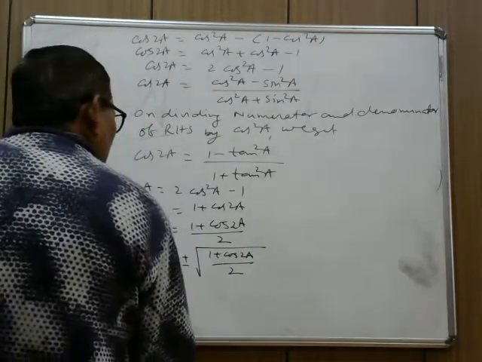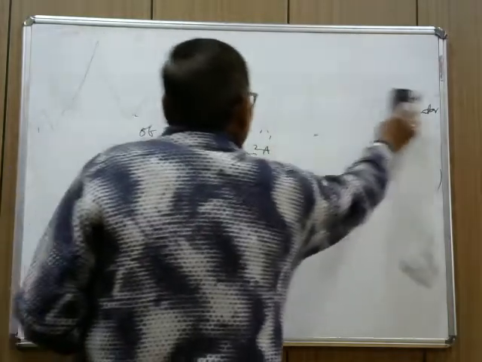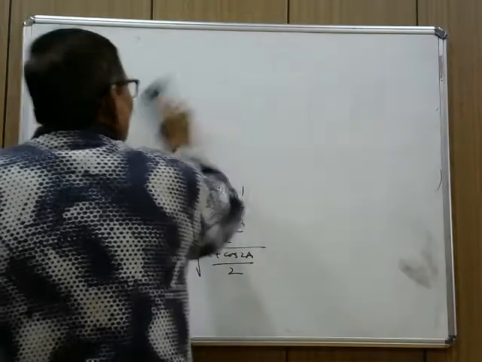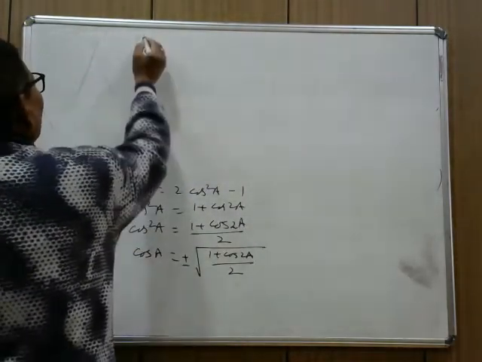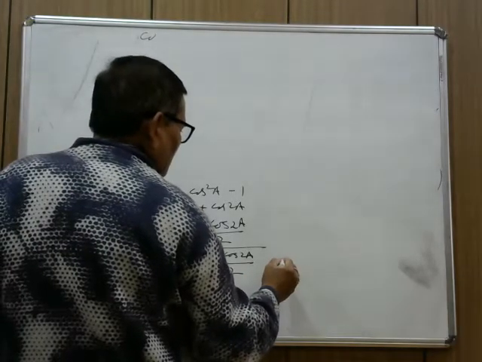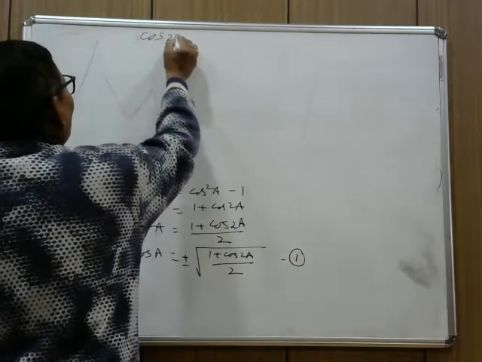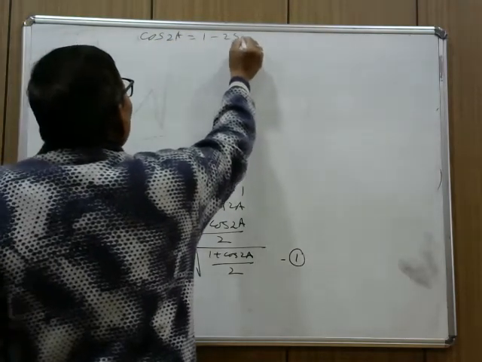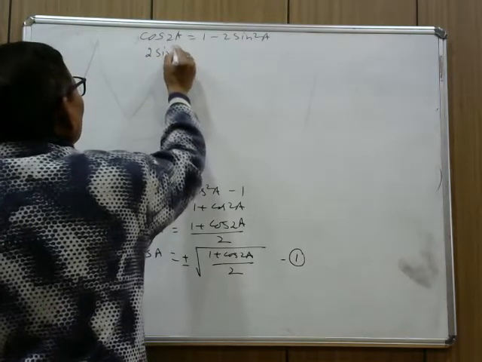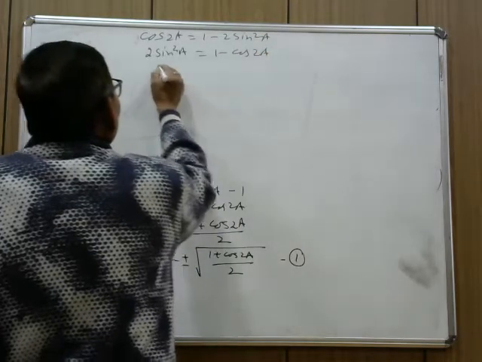Now again, cos 2A can be written as 1 minus 2 sin square A. From this, 2 sin square A is equal to 1 minus cos 2A.